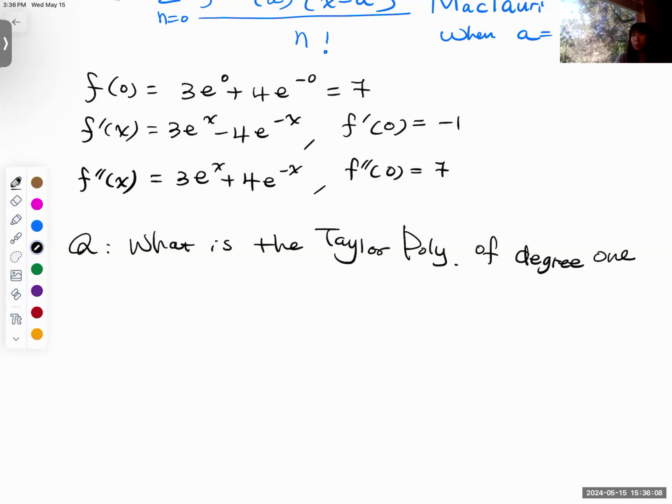Okay, so we have P sub 0 of x equal to f of 0.